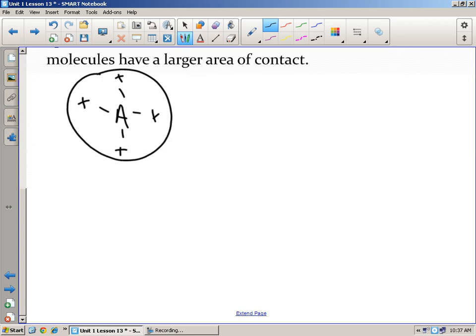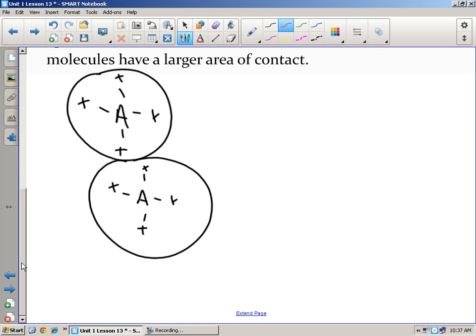Well, it kind of is. How close are you going to be able to get another AX4 to that one? Not great. When we talk about AX4, we talk about how much contact area there is between those two molecules in the big scheme of things, right? And the answer is not a lot.